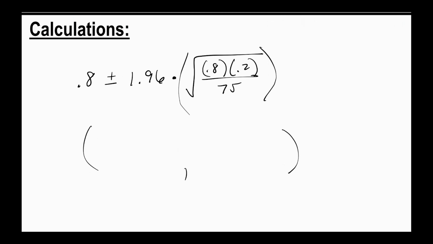So plus 0.8, I get 0.8905. Wouldn't the other one just be the same thing but negative?